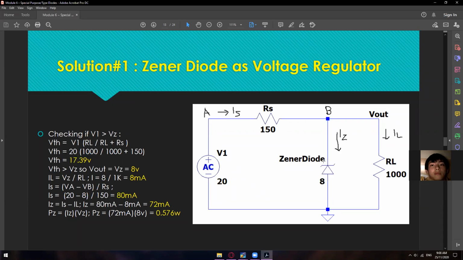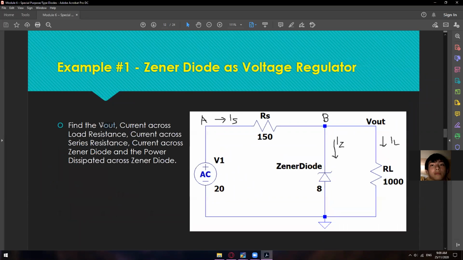Whatever is the voltage drop of this diode will be our V out already. As a result, since we have a Zener voltage of 8 volts, our V out is 8 volts. That is our first answer, solving the V out.